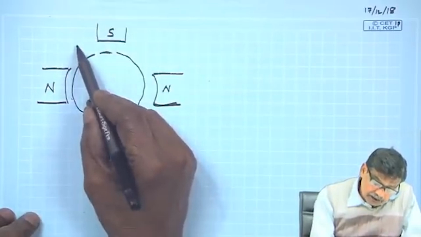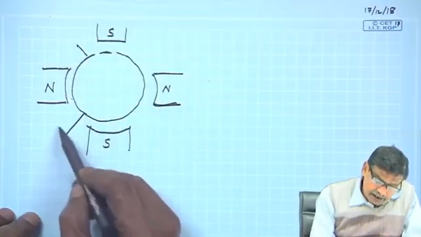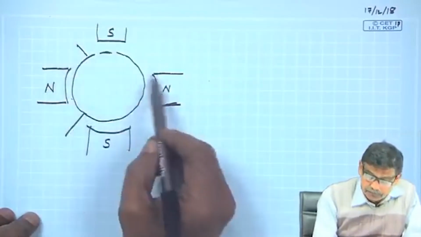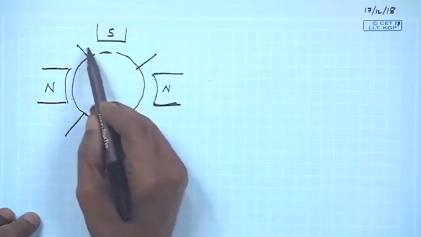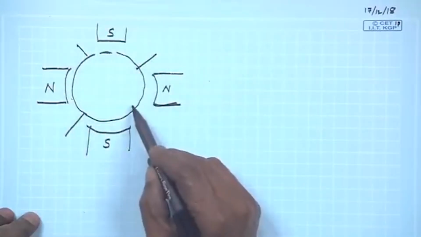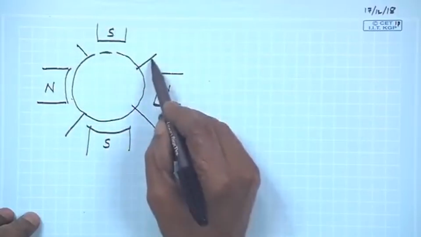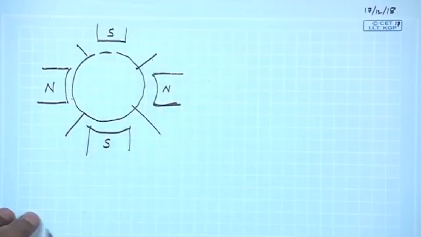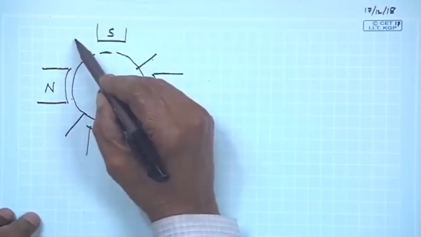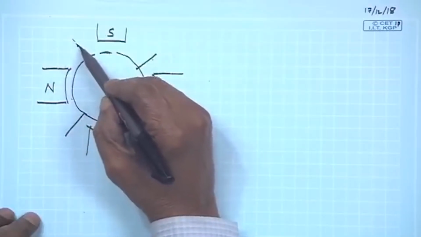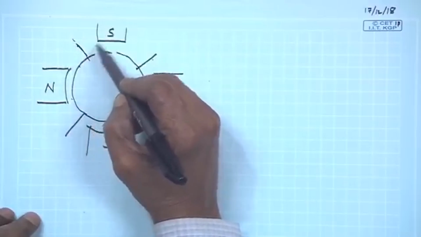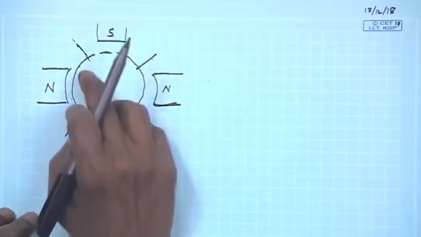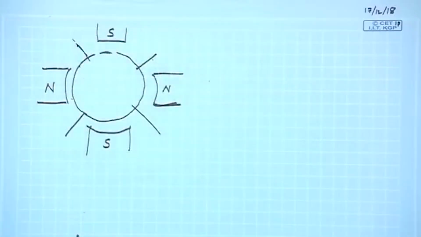Therefore, one quarter of this will be under the influence of the north pole, the next quarter under the south pole, the next under the north pole, and this is once again under the influence of a pole. These lines are the neutral positions where the north to south transition takes place. Here the fundamental component of flux density will be 0.